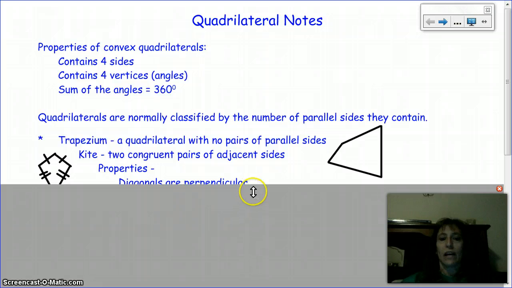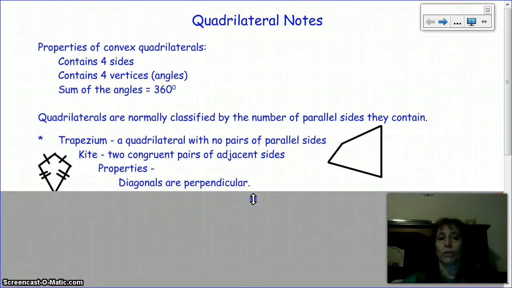Now, the next kind that is a type of trapezium that you are familiar with is a kite. It has 2 congruent pairs of adjacent sides, but if you notice, they're not parallel sides. So these top 2 are congruent and the bottom 2 are congruent.